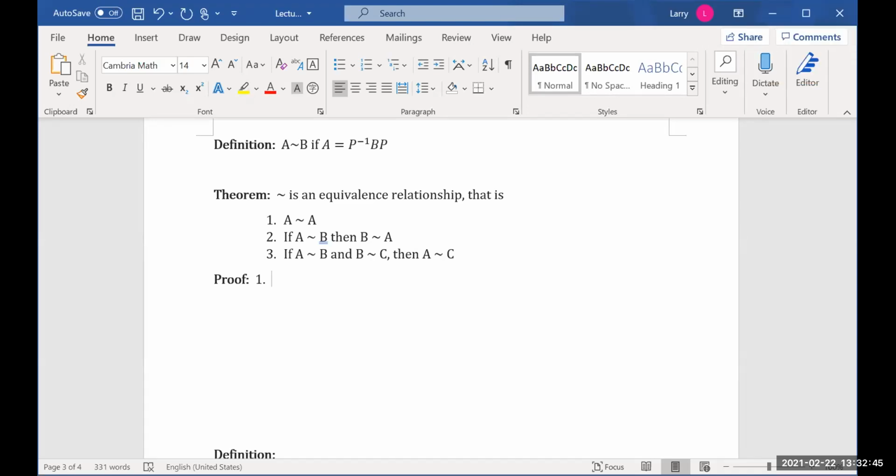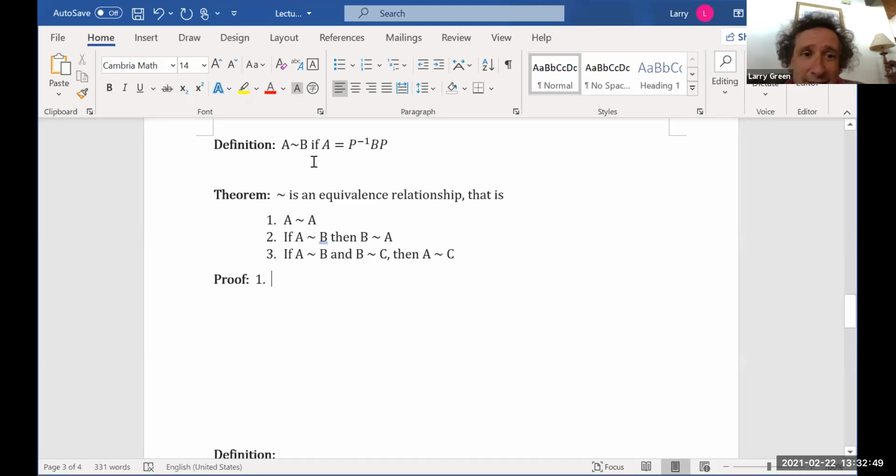Because A is A. Yeah, it just is. No, you have to show that A is equal to P inverse AP for some P. A is A doesn't work. We actually have to use this definition. This is the definition of being equivalent. So why is A equivalent to A?